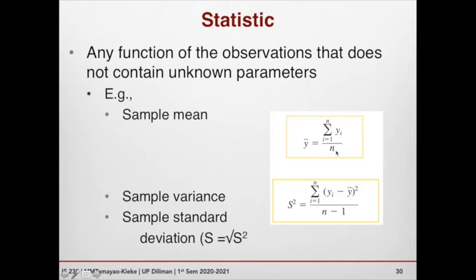And then you have the sample variance expressed as s squared, which is equal to the summation of all the squares of the difference between each observation and the sample mean, divided by n minus 1. And the sample standard deviation, which is the square root of the variance. Now, since the standard deviation has the same unit as the observations, experimenters often prefer to use it.